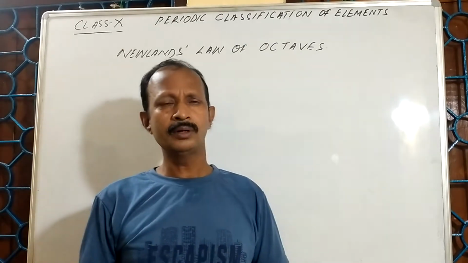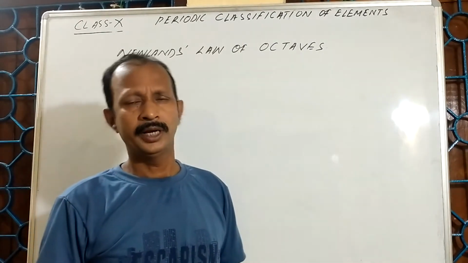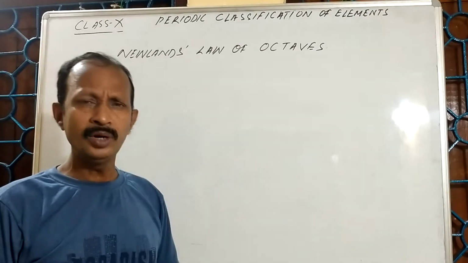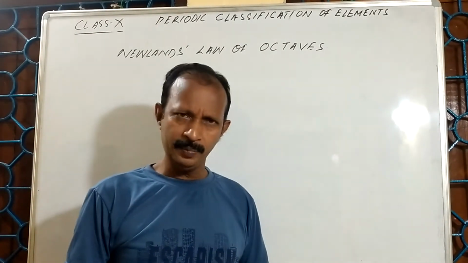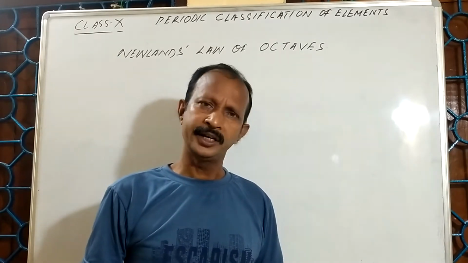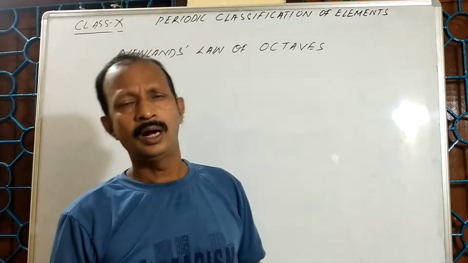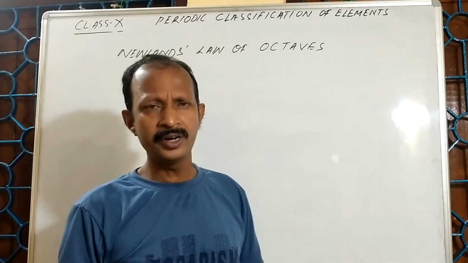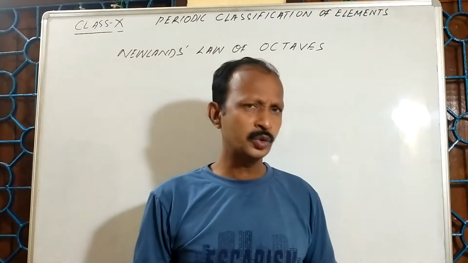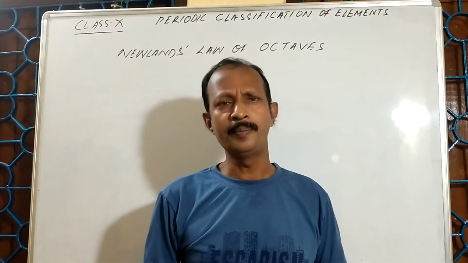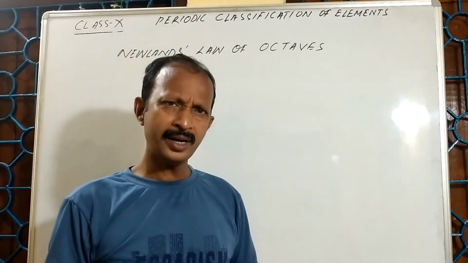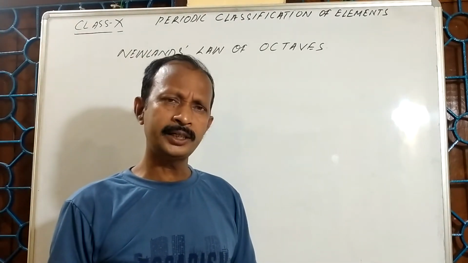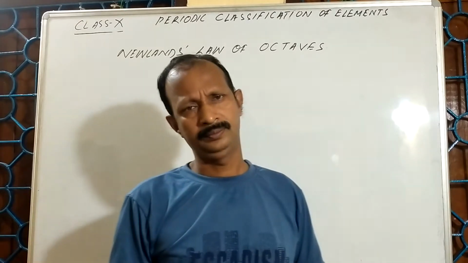In this video, I am going to explain Newlands law of octaves. In my previous video, I explained about Dauvergne's strengths and also its drawbacks. When Dauvergne arranged the elements, only 30 elements were discovered.